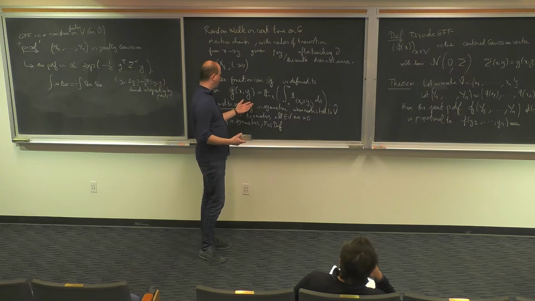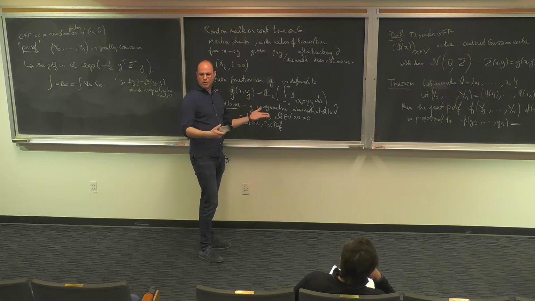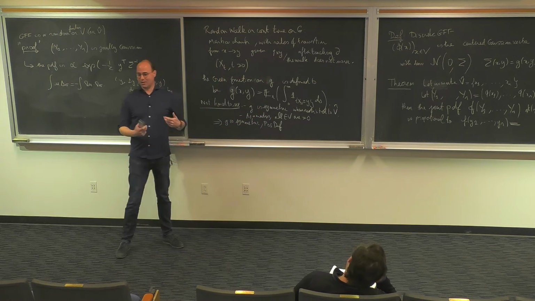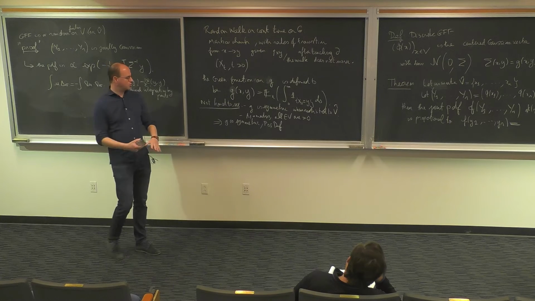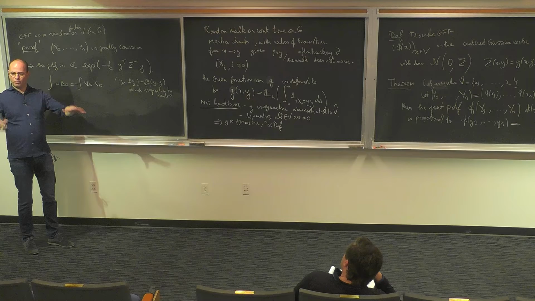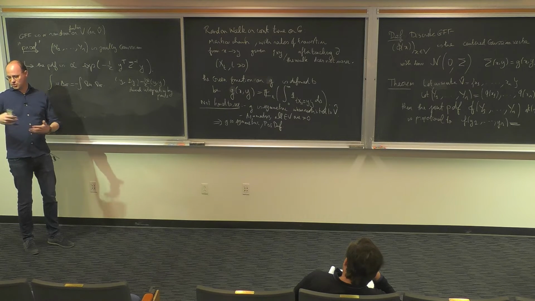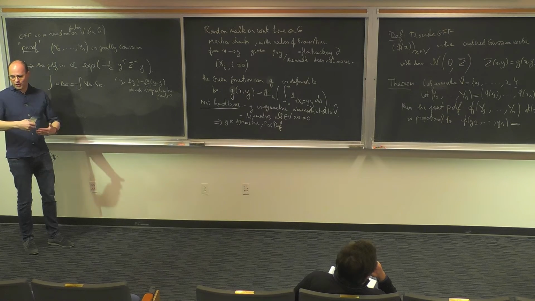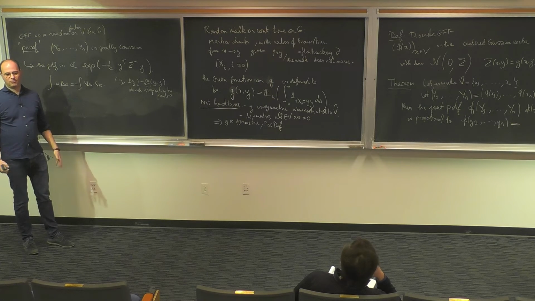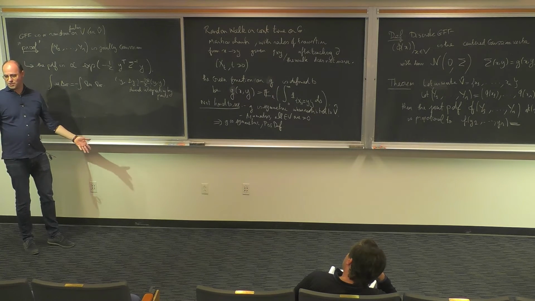You can include the boundary if you want, and then this field is pinned on the boundary, and away from the boundary it can deviate with correlations that are determined by this Green function. But on the boundary, almost surely it's equal to 0.